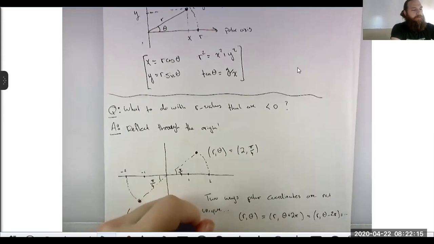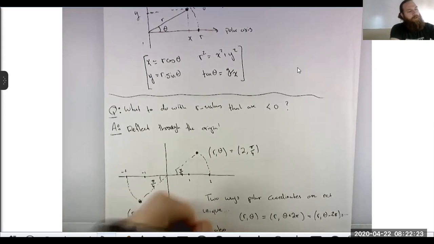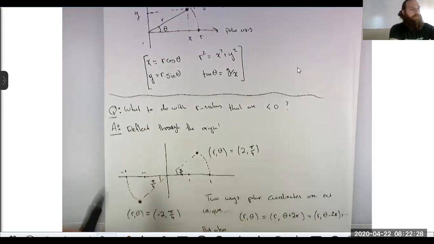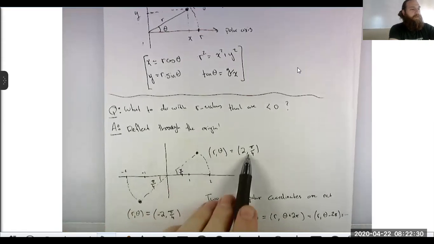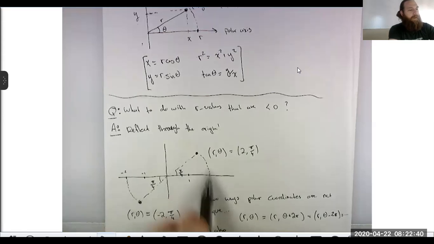But also, there's this thing with -r. So I could have r comma theta, and that's going to be the same as -r comma, well, if I wanted to write this guy with a negative radius, I could call him -2 comma, how far around do I have to walk? Well, it'd be pi over 4 plus this, and this is pi.